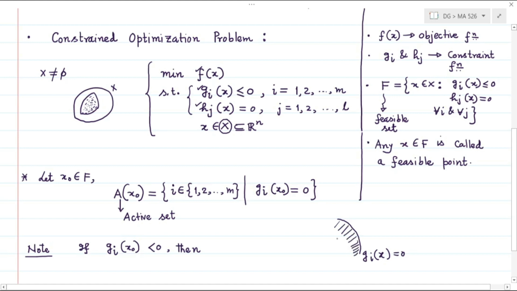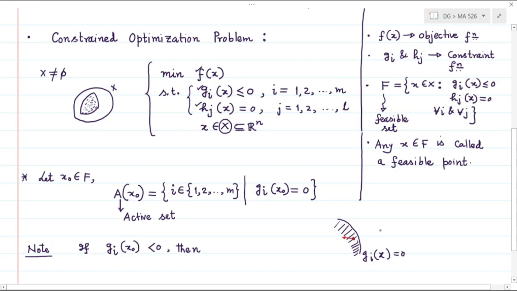Fine. Now if I am at a point at which g_i(x) is strictly less than 0, let me say I am here, this is my x0, and obviously this particular i is not active, and therefore what is possible is that at this point you can at least move a bit, maybe very small, and you can still be inside the feasible set.